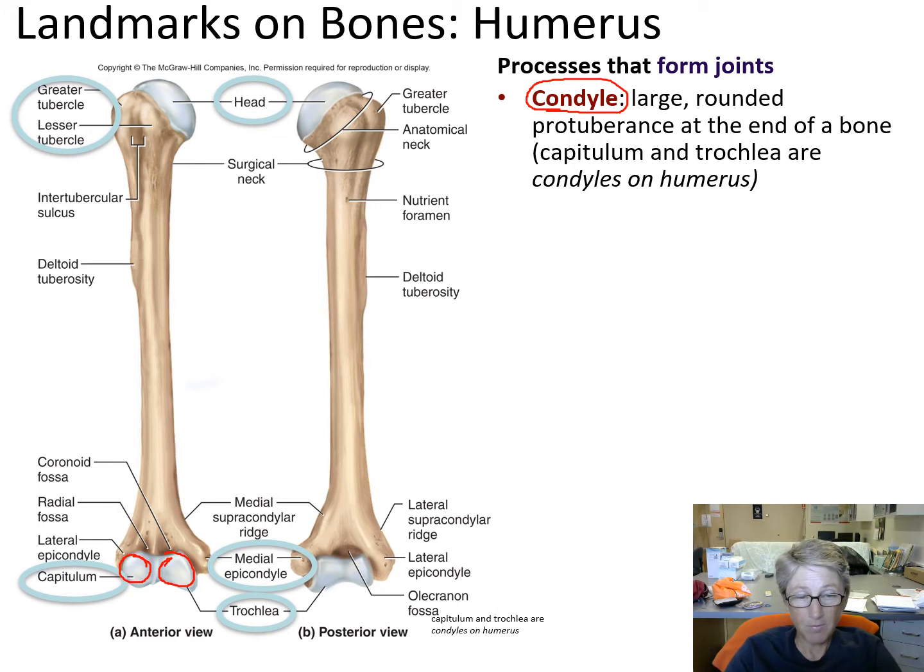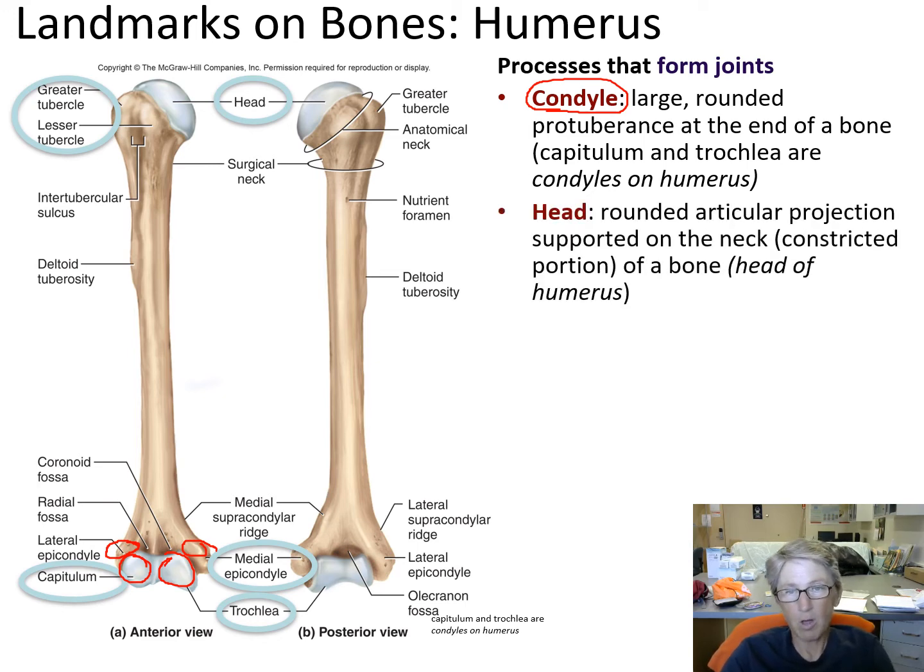And if there's condyles, then you know there's epicondyles on top of the condyles. So there's a lateral epicondyle of the humerus, on top of the condyle, aka the capitulum. And then this medial epicondyle is on top of the condyle, aka the trochlea of the humerus. And they're going to form joints with the radius and the ulna, your forearm bones.